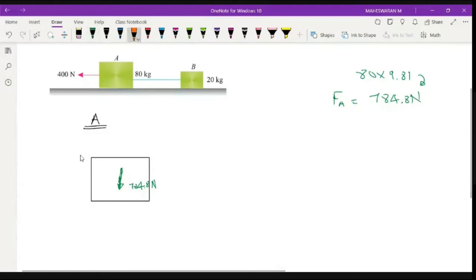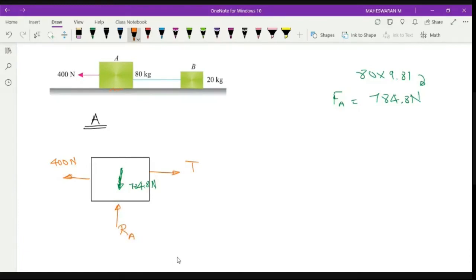And what are the other forces which are acting? 400 Newton, and it is attached to a string, and the string force is always outwards, tension T. Since you have a contact here, you have a reaction force RA.